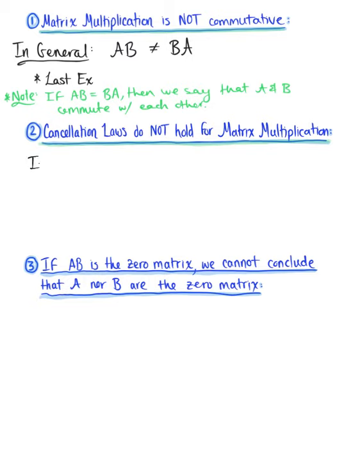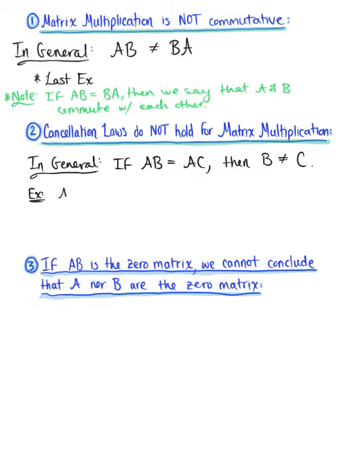So again, we can say that in general, if we find that the product of matrix A with matrix B is equal to the product of matrix A with matrix C, we can't make any assumptions about B and C. So we say that matrix B does not necessarily equal matrix C, which is different from what we know from algebra. So let's think about a quick example of this.